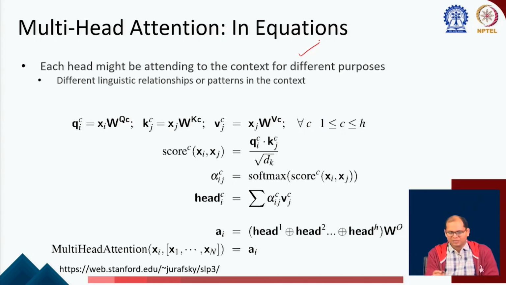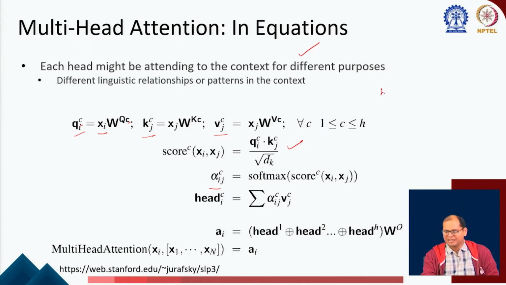So from Xi, the original word embedding or the input to the encoder, I can have WQc for the cth head, and I will correspondingly find the query for the cth head, key for the cth head, and value for the cth head for the same word. Then you can compute exactly the same formula, but for this particular head, another head, and so on, and I'll have attention weights per head separately.